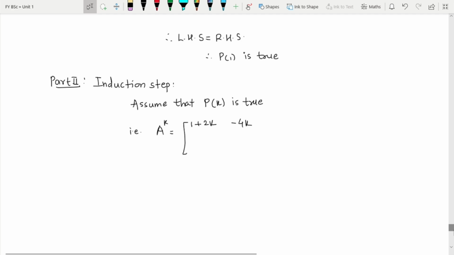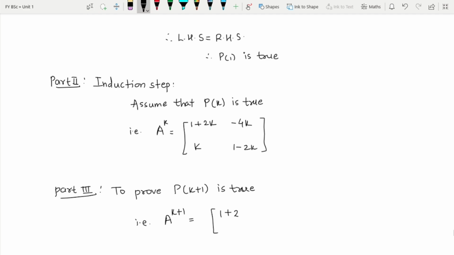That is nothing but A raised to k plus 1 is equal to, instead of n you are going to put k plus 1, so it will be 1 plus 2 times k plus 1, minus 4 times k plus 1, k plus 1, and 1 minus 2 times k plus 1.